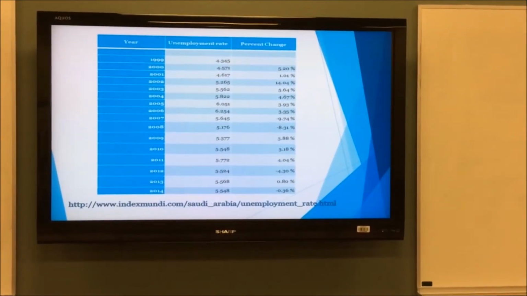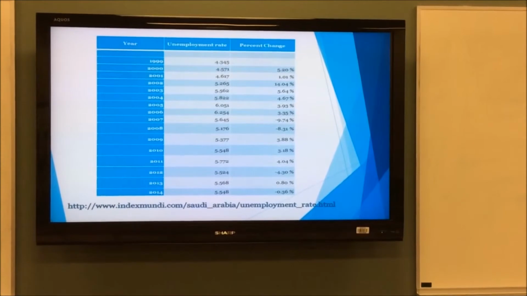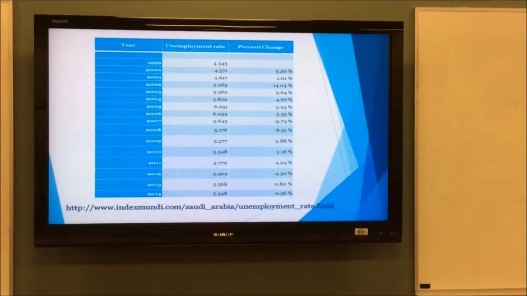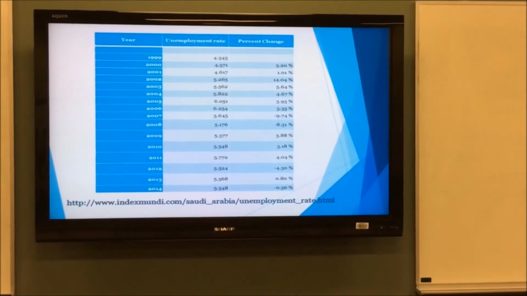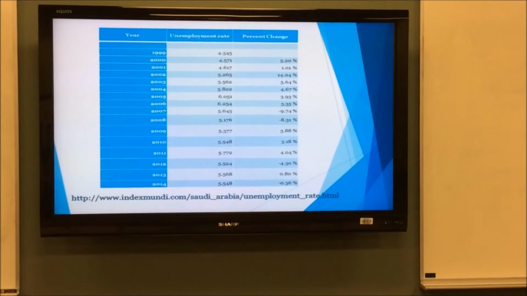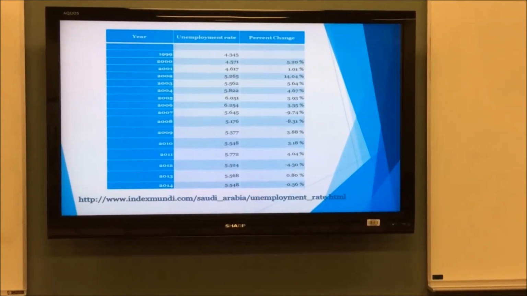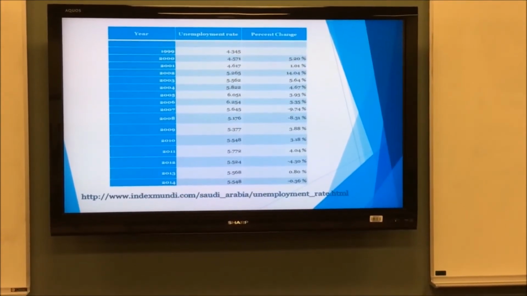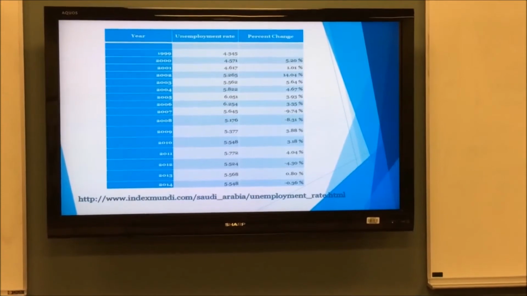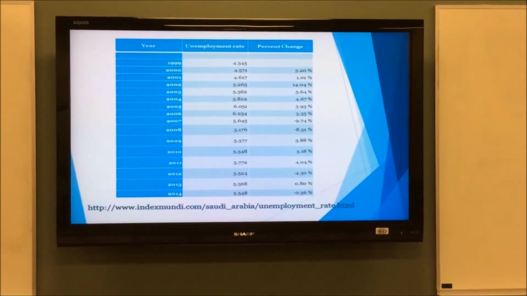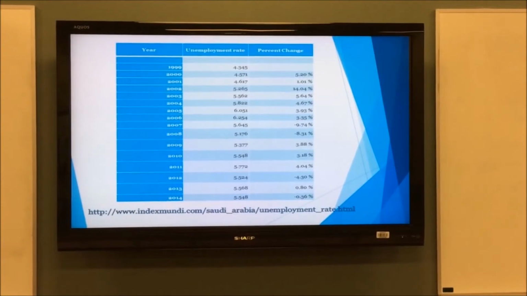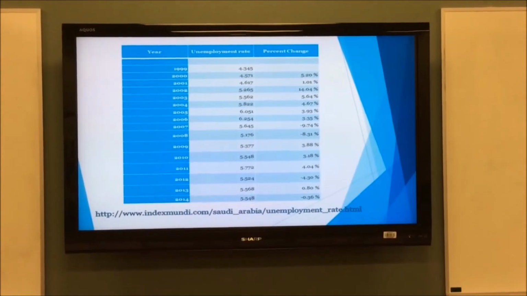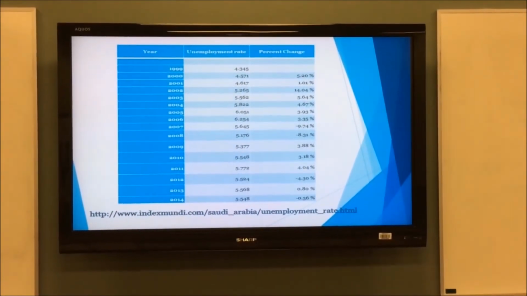Unemployment rate in Saudi Arabia averaged 5.51% from 1999 until 2014, reaching an all-time high of 6.30% in the fourth quarter of 2006, and a record low of 4.35% in the fourth quarter of 1999. Unemployment rate in Saudi Arabia is reported by the Central Department of Statistics and Information.